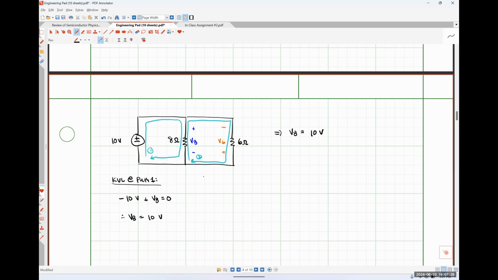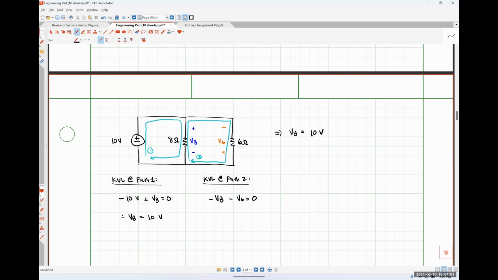If I wrote the KVL relationship around path 2, I would see that negative V8 minus V6 is equal to 0.